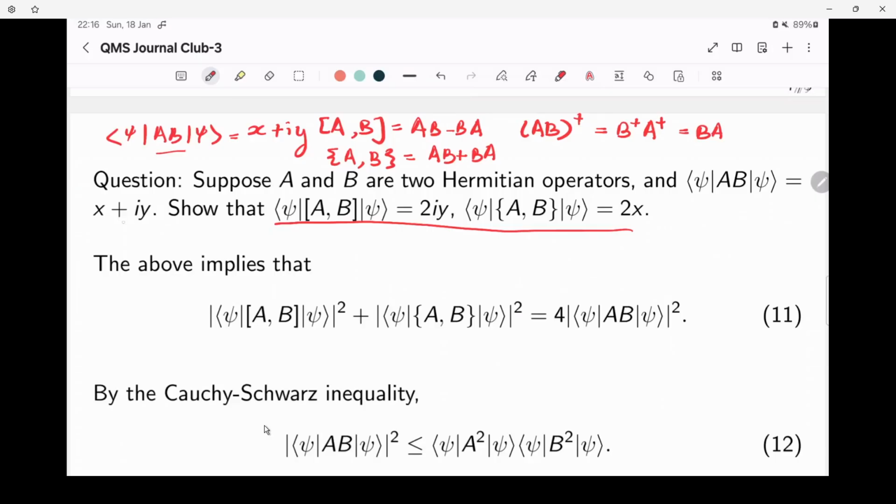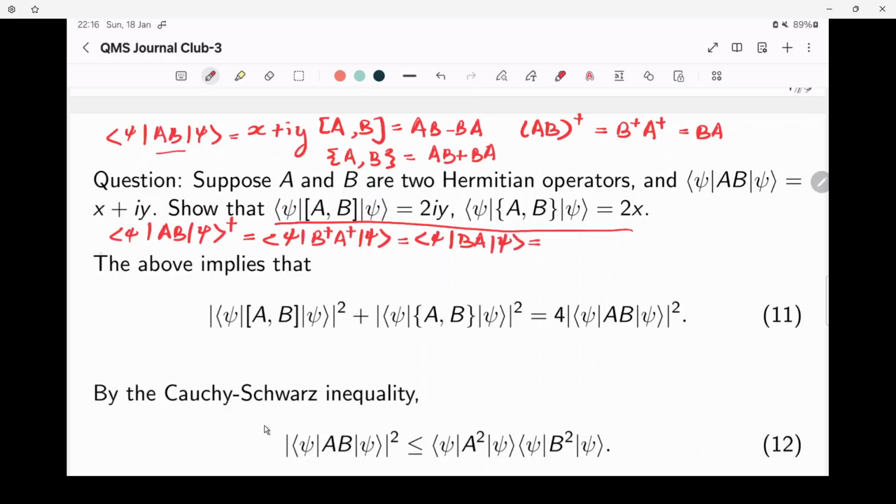So what you need to do is to apply this. Then you get something like this, and you know that this is equal to BA.